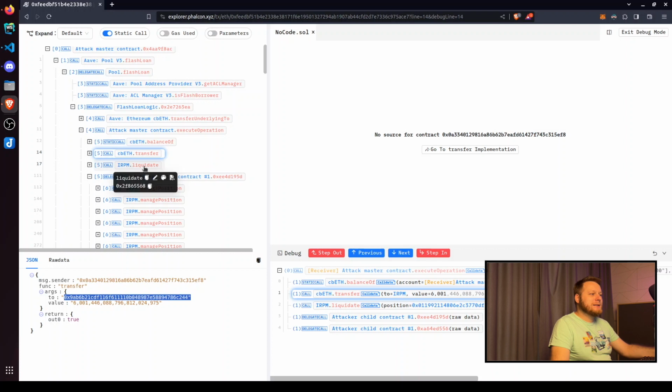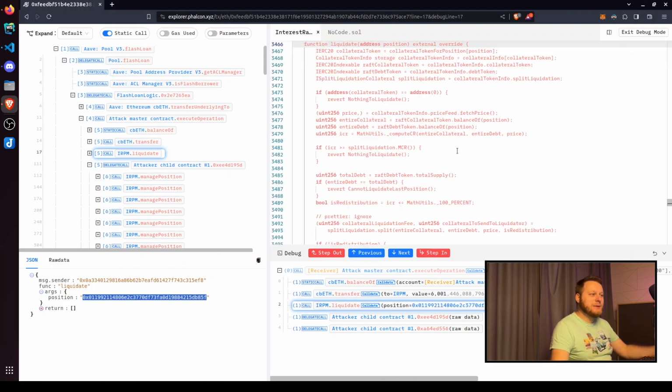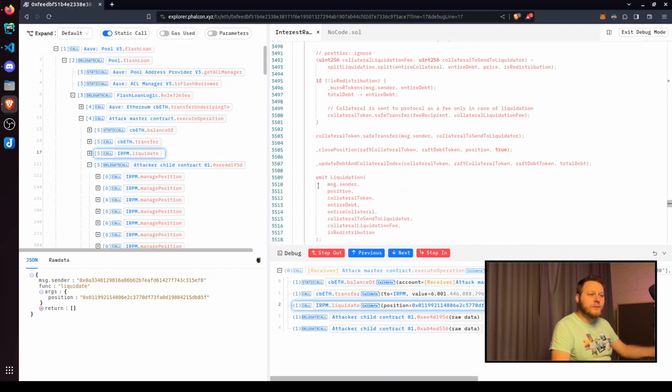The thing is that in the next step, he is liquidating the position that he created before. And in order to see what was the real consequence of that, let's go deep inside the liquidate function. As you can see in the liquidate function, we are updating debt and collateral index.